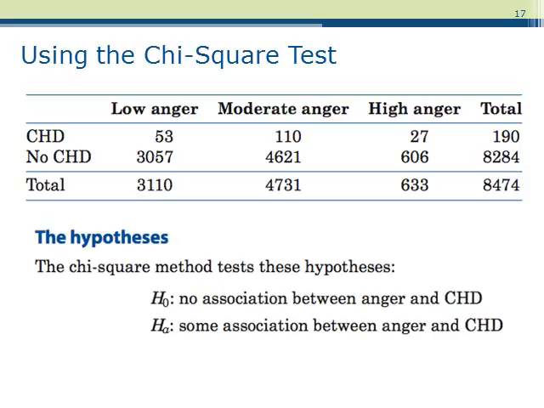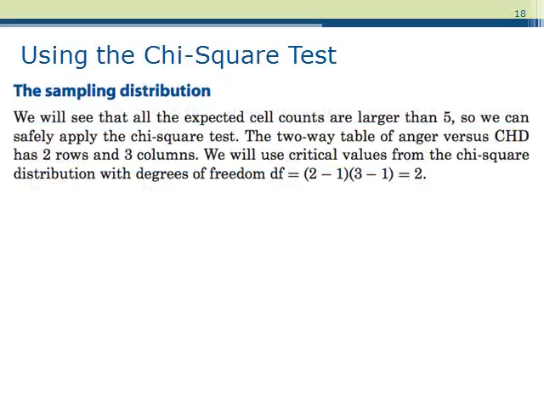The null hypothesis states that there is no association or relationship between anger and heart disease. The alternative states that there is some association. Next, our two-way table has 2 rows and 3 columns, so we will use a chi-square distribution with 2 degrees of freedom.